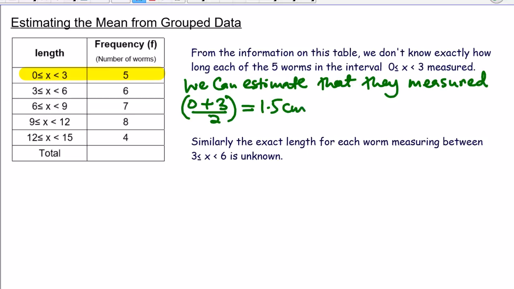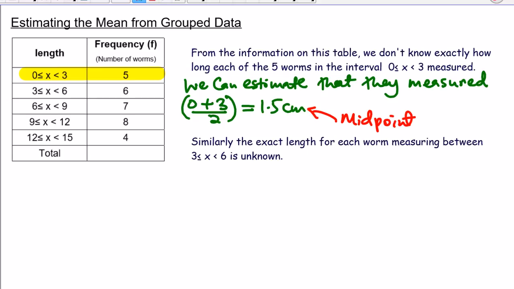Now, this is what we call the midpoint. So this is the midpoint of the lengths from 0 to 3.